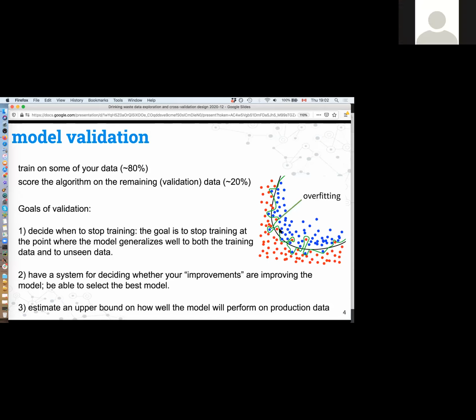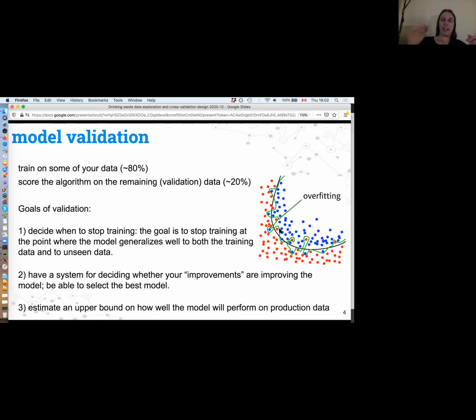Sorry, when you decide when to stop, are you looking at the loss function, or accuracy, or what? You could look at whatever you like. Usually, you look at the loss function. As you're training, you're trying to minimize the loss on the training data, but at the same time you have this additional early stopping data set, for which you check what the loss is.